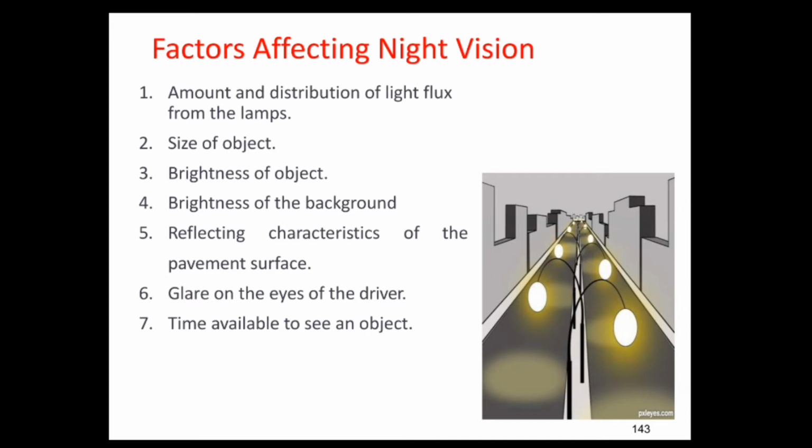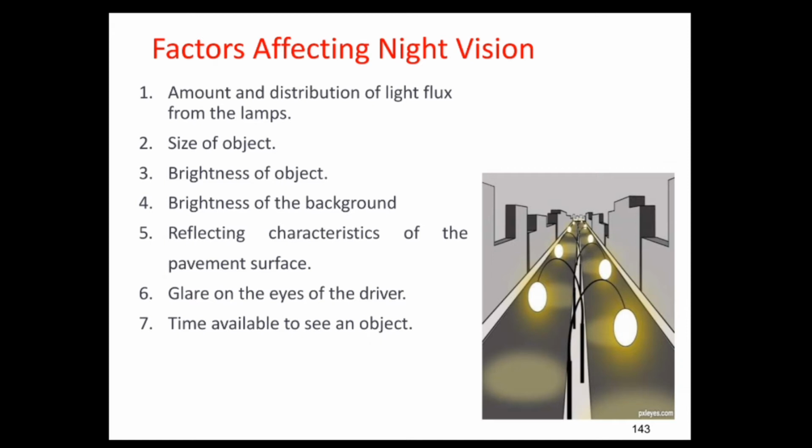Thus, it takes more time for the driver to see the object, and this increased time and reduced distance between the driver and the dark colored object may lead to a collision or an accident.